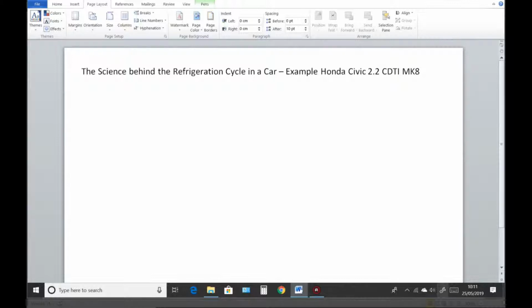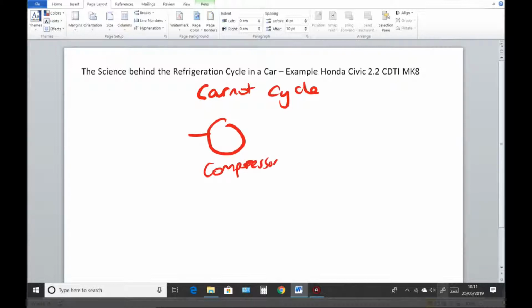Okay. So what we've got in a car is what you call the Carnot Cycle, if I remember rightly. That's the overall name of it. You've got what you call a compressor. That's a closed system.